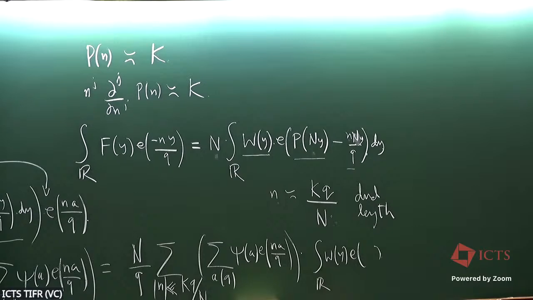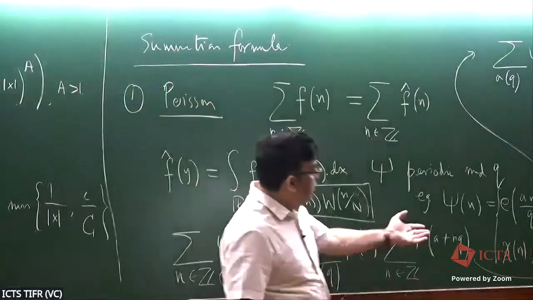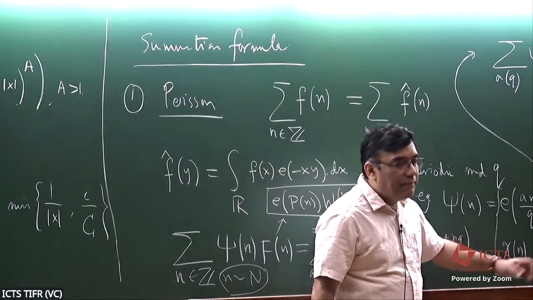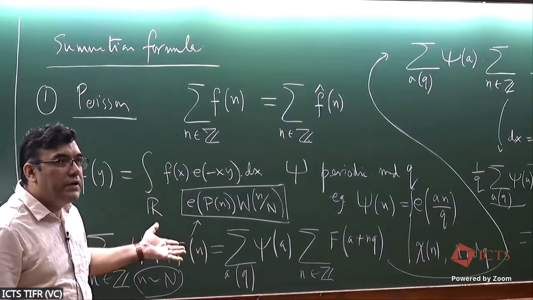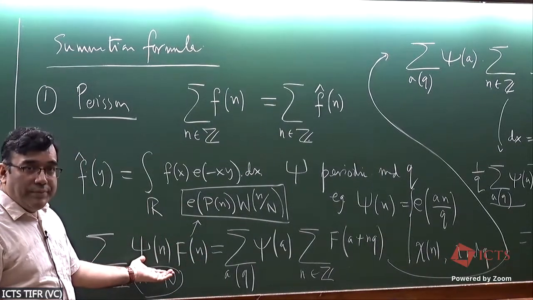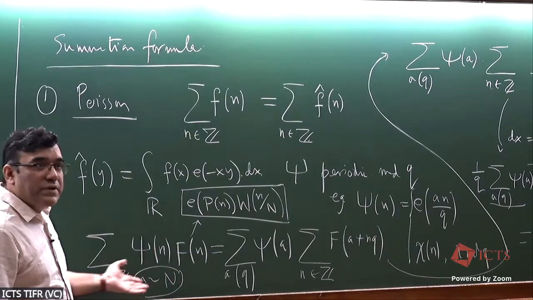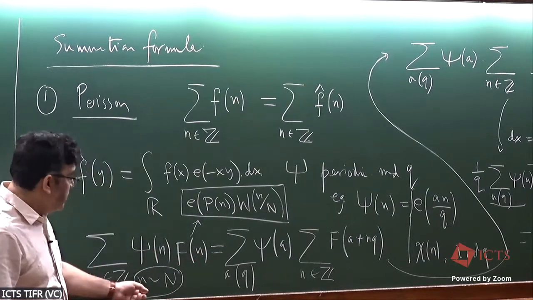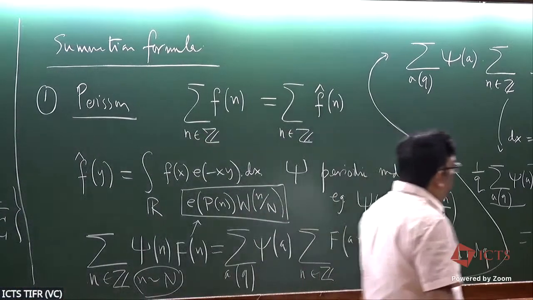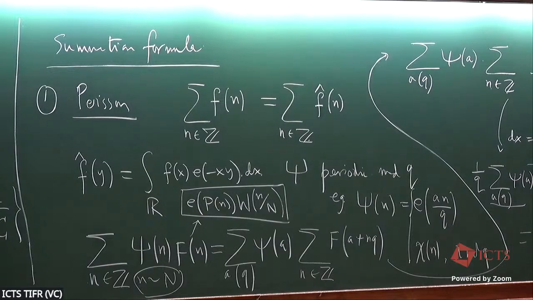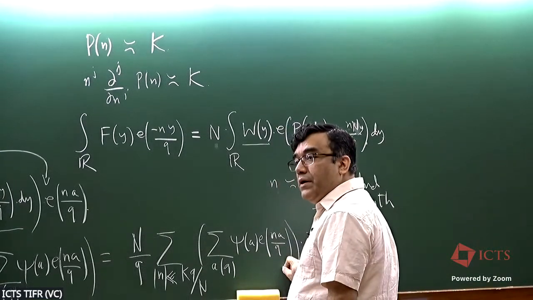Now, let me try to estimate this to find out what Poisson is doing to this sum, right? So suppose psi, okay, if you want, take psi to be chi n, right? So psi is like chi n, so it's a periodic function, it's a Dirichlet character. This is of size 1, right? So if you take the absolute value, this is trivially of size capital N, because small n is supported between capital N and twice capital N. And now if you come to this side, this becomes the Gauss sum, right?